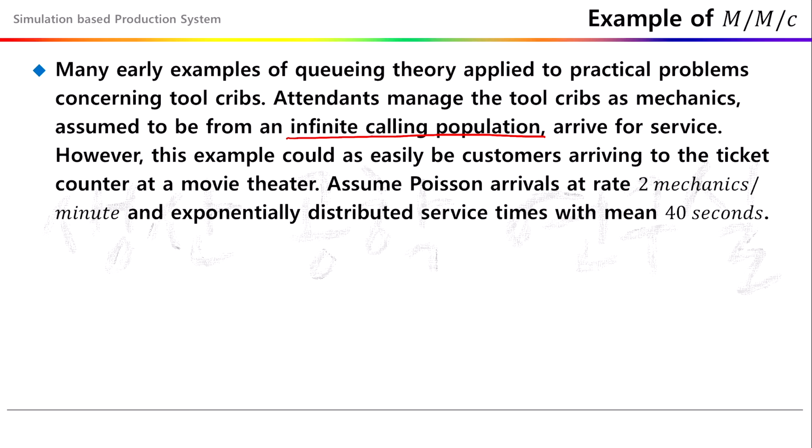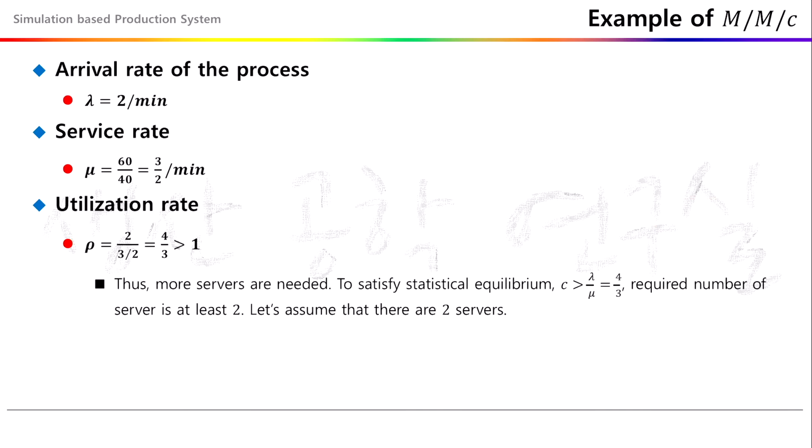Now assume Poisson arrivals at the rate of 2 mechanics per minute and exponentially distributed service time with a mean of 40 seconds. Now let's calculate with the assumption of just one server.